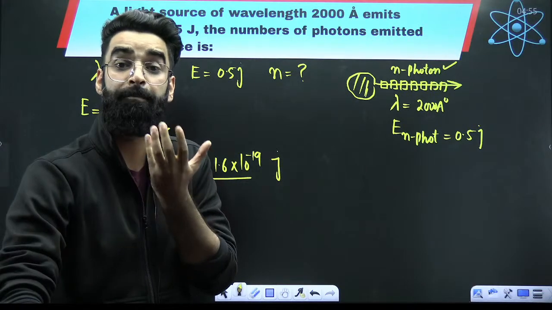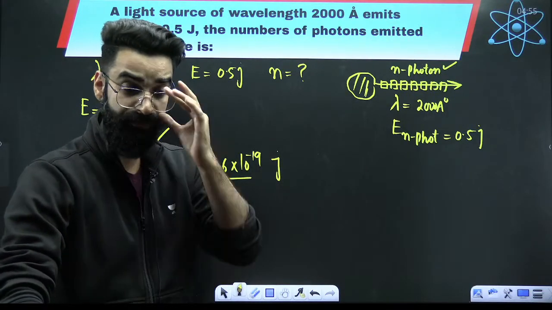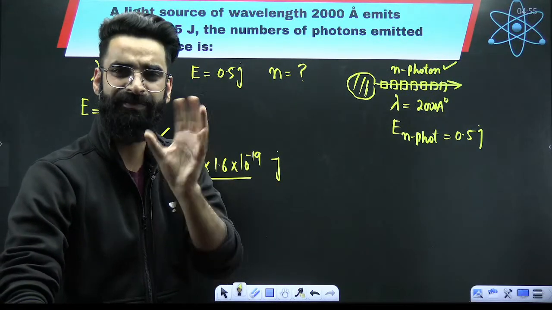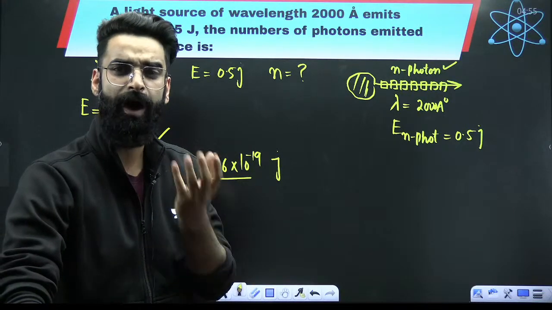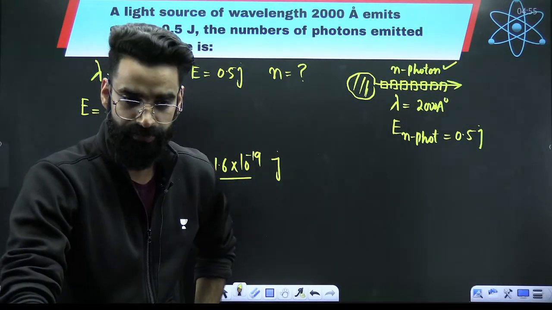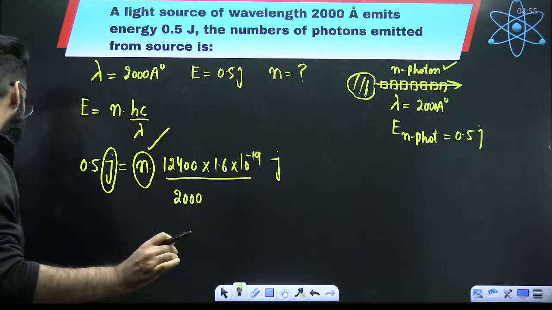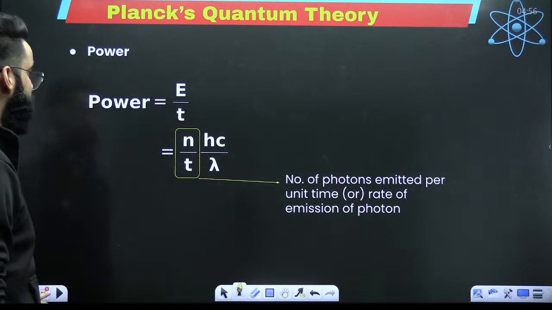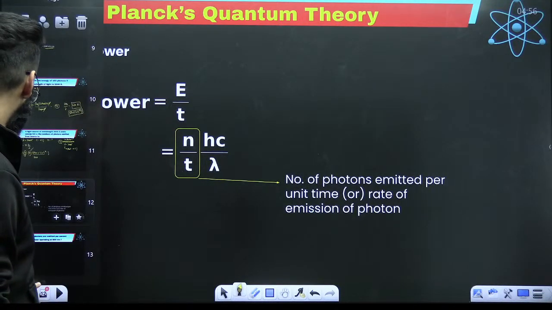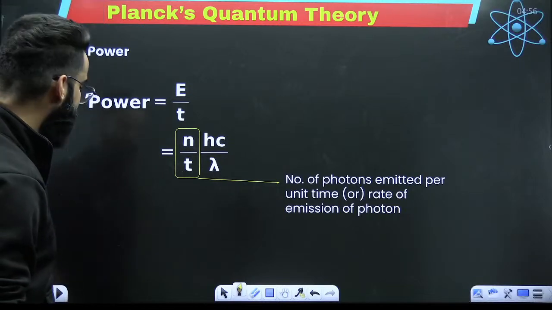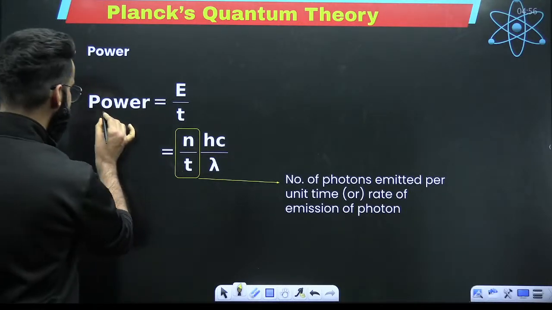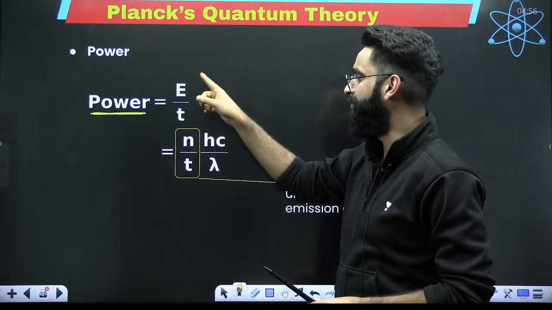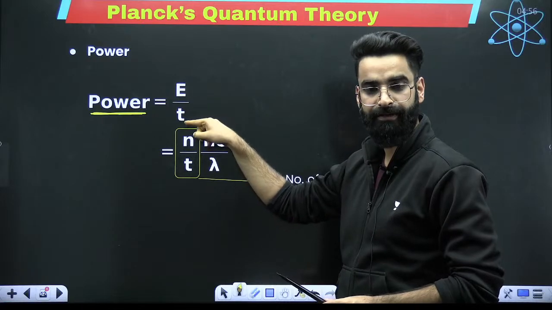How do you define the power of the source which is emitting radiations? Imagine we have got a source which is emitting light radiations. How do we define the power of that particular source? My dear students, it's a simple topic. Power is defined as energy emitted by the source divided by time taken.